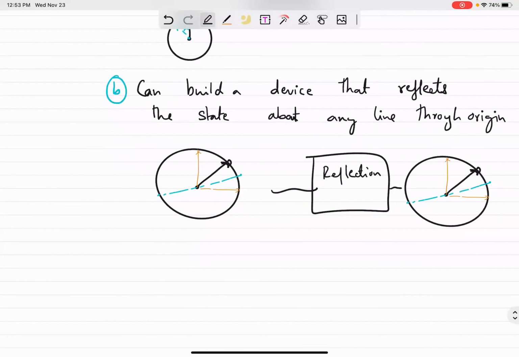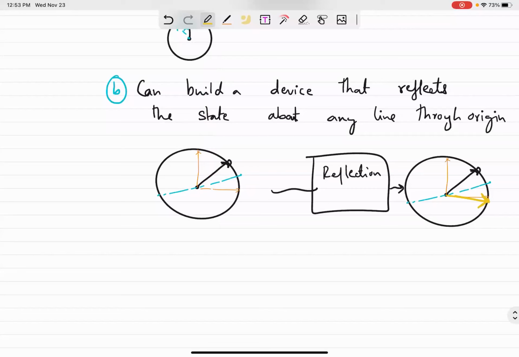So what comes out is the reflection of the black point around the cyan line, right? So you'll get something like maybe here. Again, this is a physical device which we can actually build.